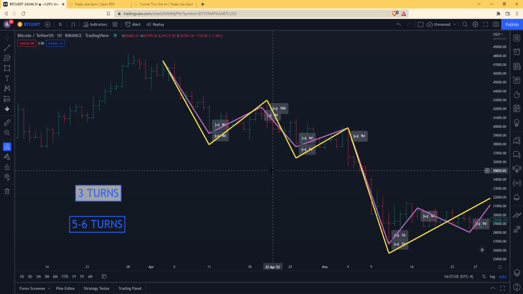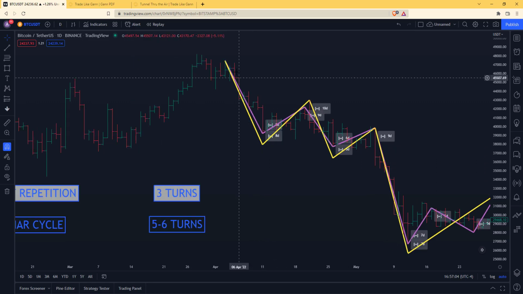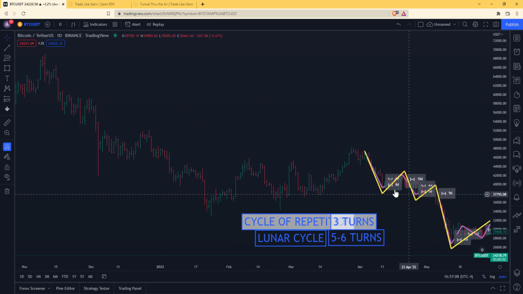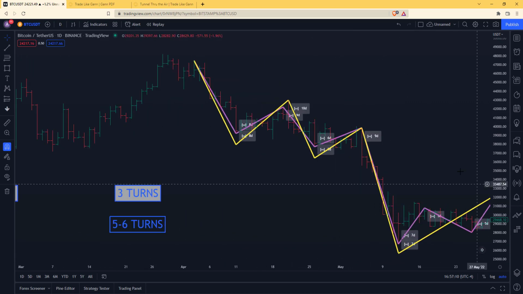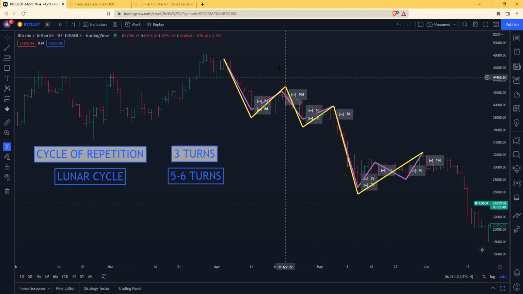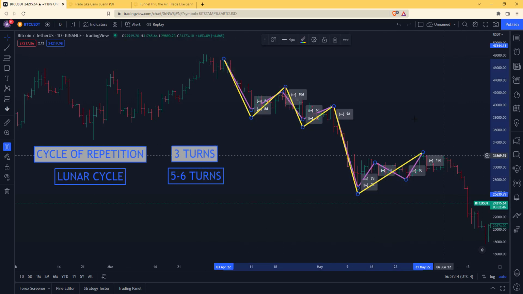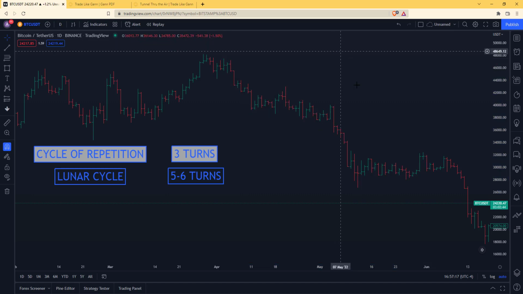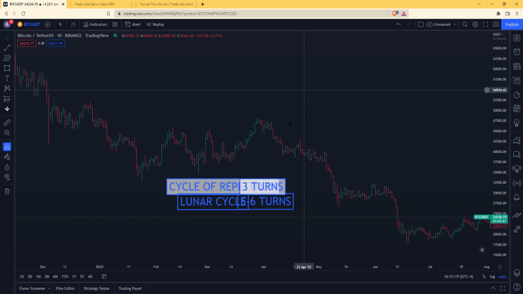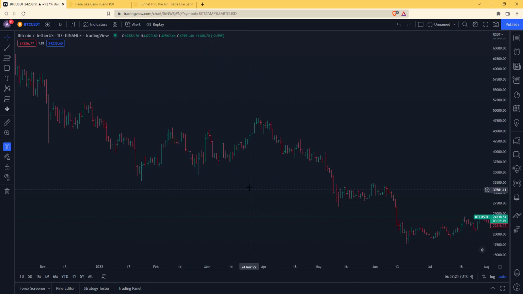Why am I saying this? Because there are very clear areas in the market. Not every move is as clear as this. This move is pretty directional. If I just remove it for a second, you can see that this move in the market is very directional.